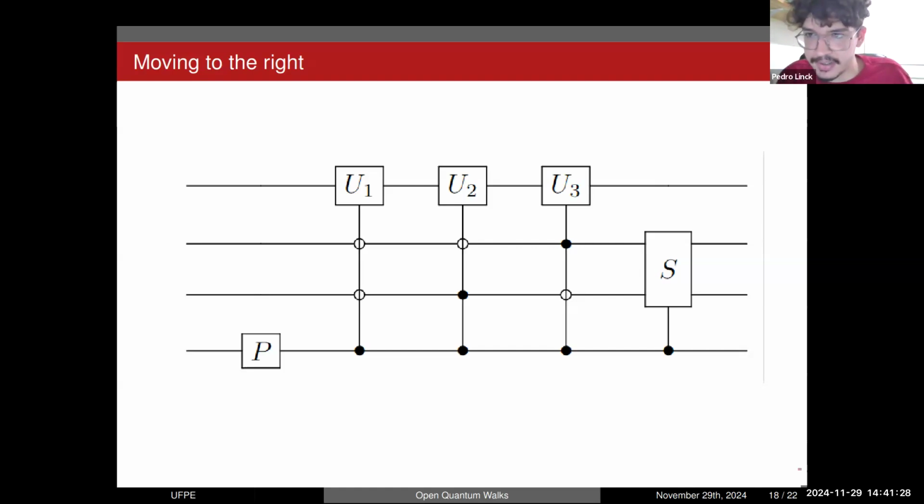This P is the preparation of the ancilla. And what we do here is basically, if the ancilla is in state 1 and you are on the first graph node, you apply U1. If you are on the node 01, you apply U2. If you are on the node 10, you apply U3. And of course, if this ancilla is 1, you move to the right.